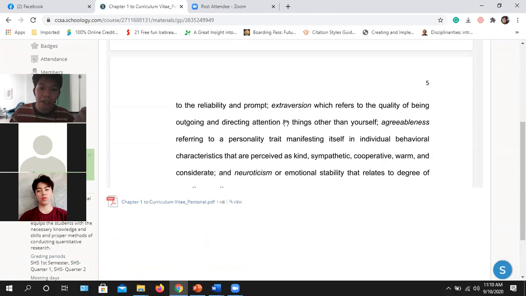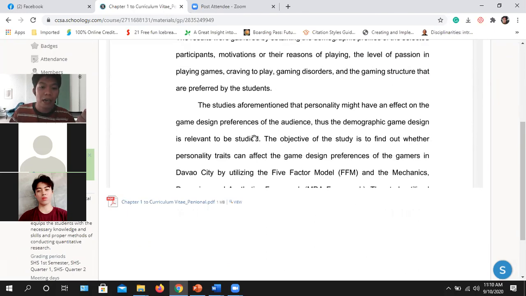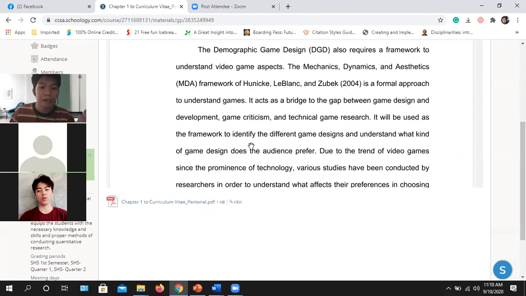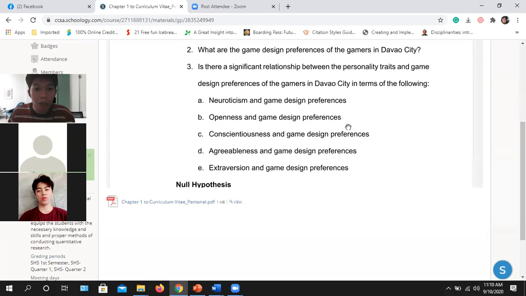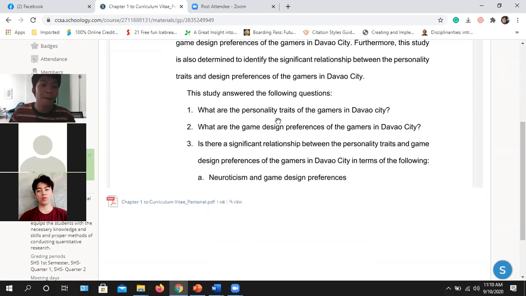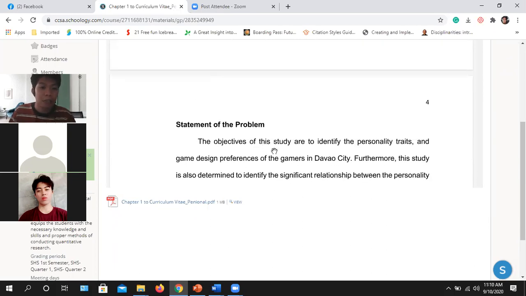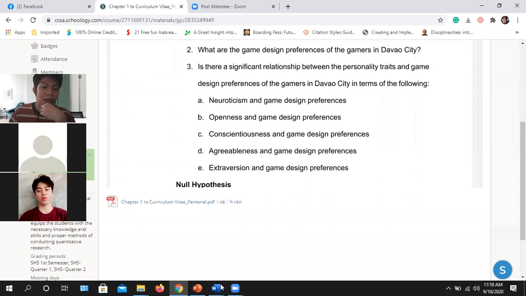So meaning connected itong theoretical framework, conceptual framework, and itong statement of the problem. Kasi yung theoretical framework mo should be used in order to answer the problem in your study, which are expressed in the statement of the problem. Okay?